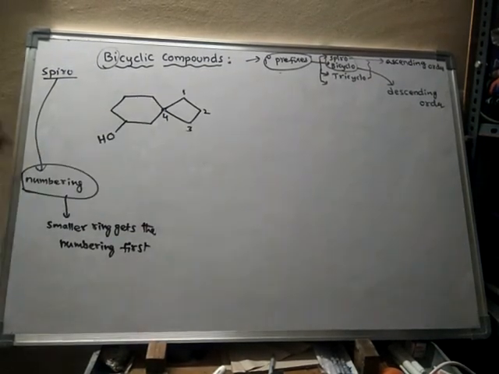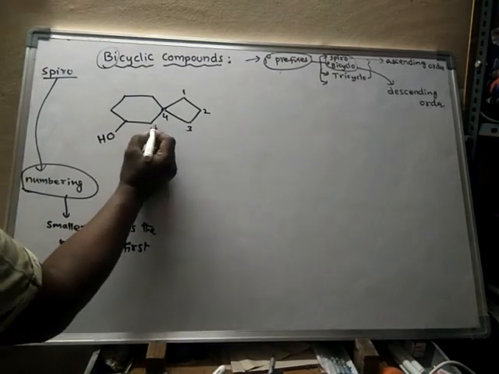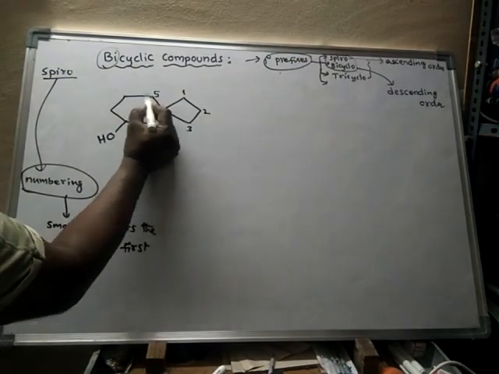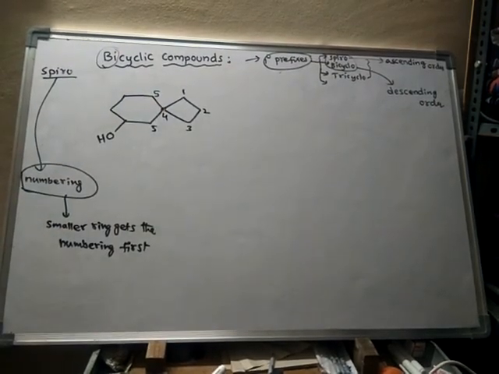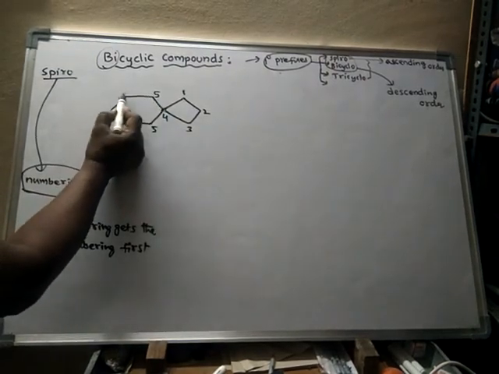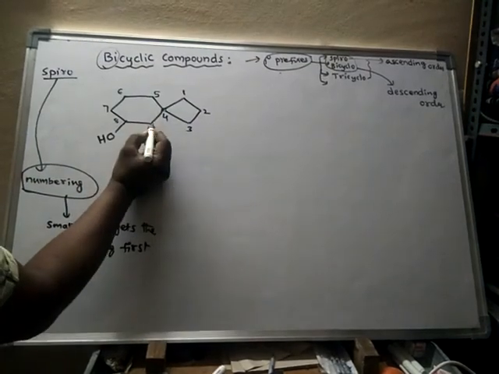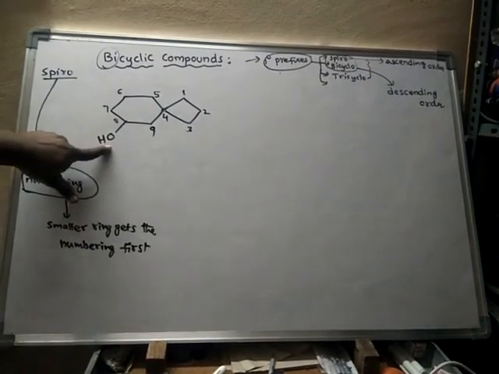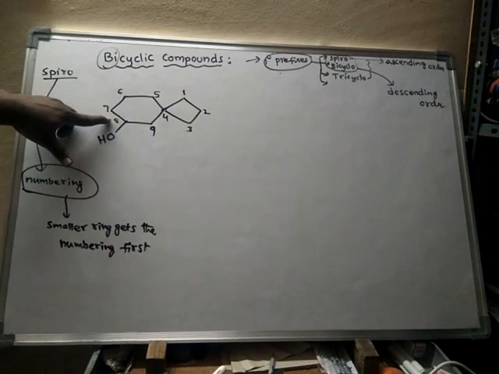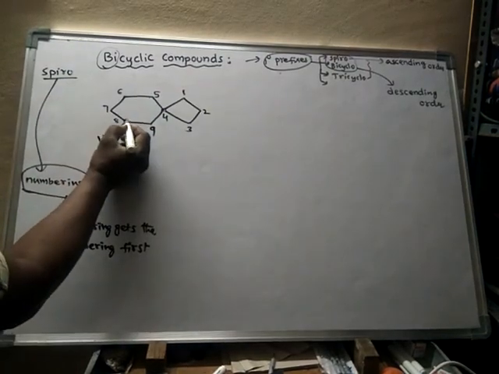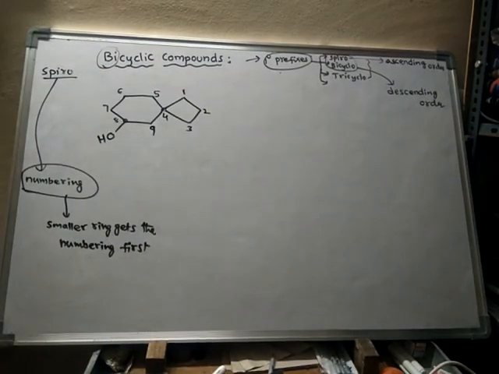Where should we give the fifth carbon? This one or this one. There are two chances. If you give numbering in this way, 6, 7, 8, 9, the carbon with the functional group is getting number 8.